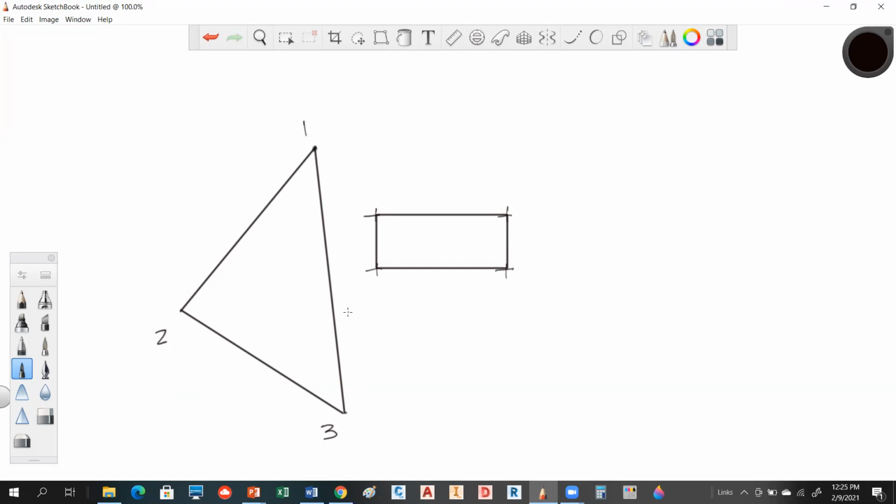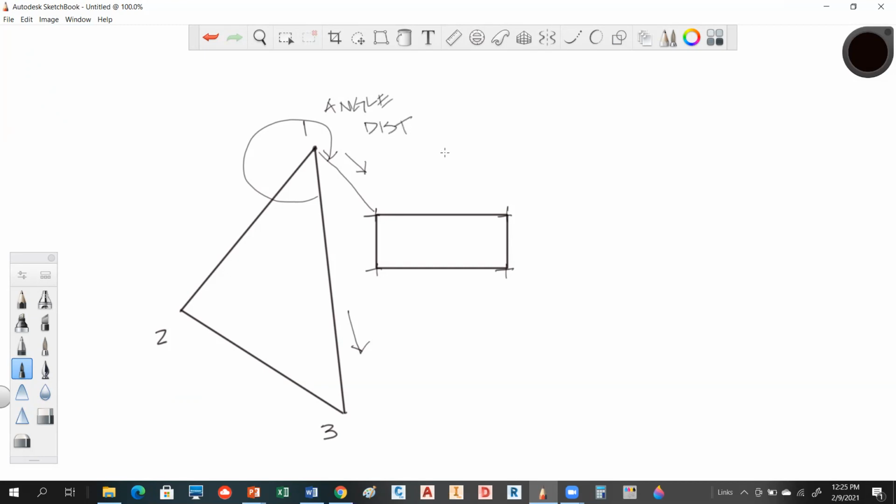I can inverse that line. That'll give me the direction here. And then I can inverse the line from 1 to that corner. So if I get this direction and that direction, it allows me to determine the angle that I need to set this corner. And then I can also calculate the distance.